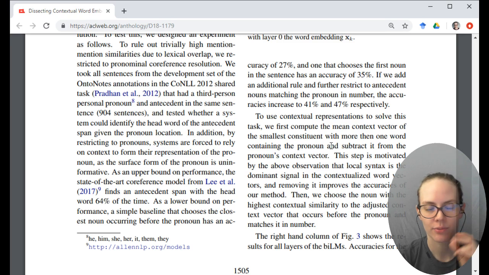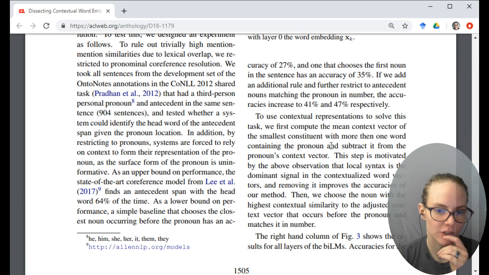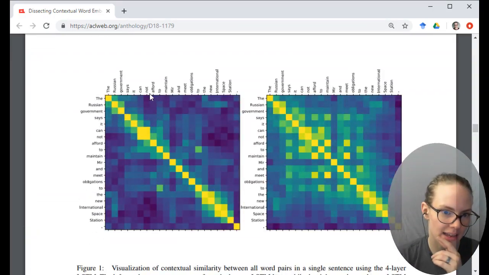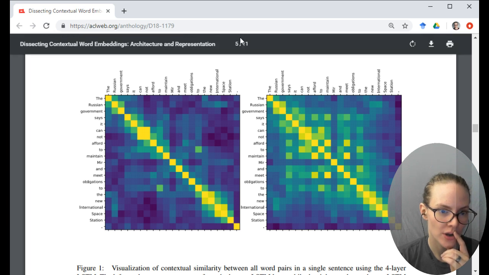Okay, so they're removing local information. If we were looking at this vector, we would subtract this vector because this is telling us that it says it cannot afford to maintain whatever.